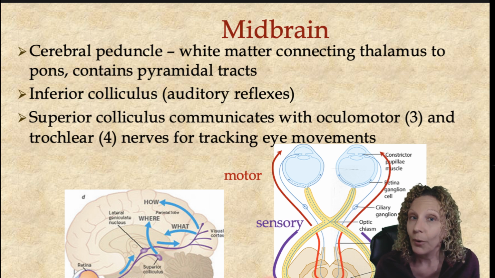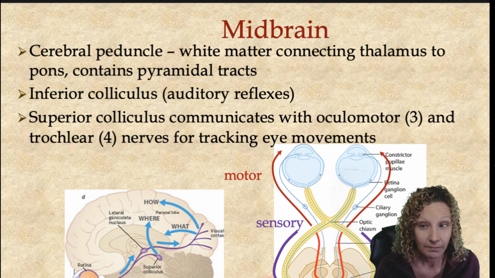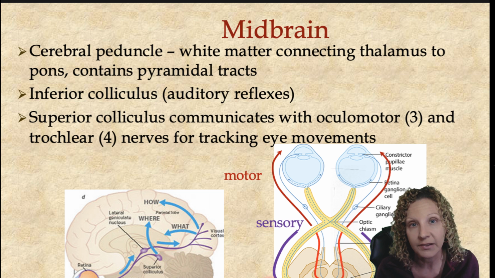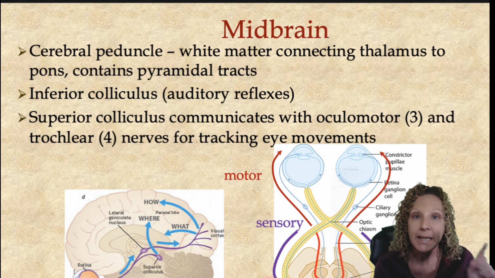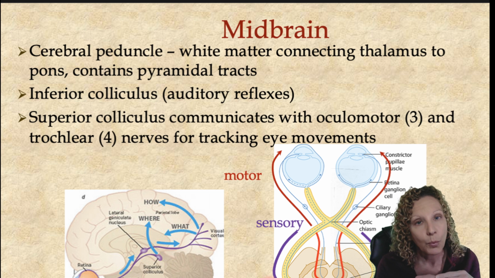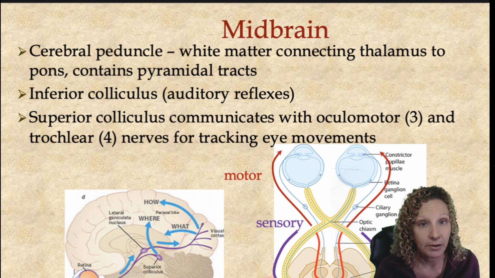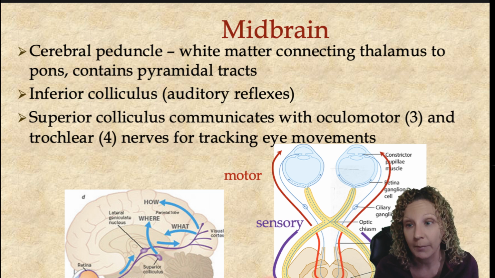It's not where vision is perceived, but the superior colliculus is important in having this quick back and forth with the optic nerve. Instead of having to go up to the cerebrum and then go out again, it's this quick back and forth at the midbrain for tracking objects.